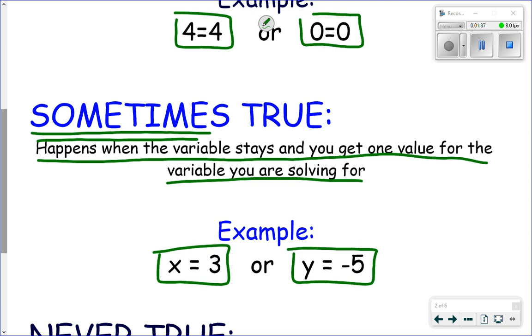Why is it just sometimes true? Well, in every equation that you ever solve, is x always 3? No, but it sometimes is if you're solving that specific equation. Same with y equals -5. y isn't always going to equal -5. It depends on the equation that you're solving. But sometimes it might.